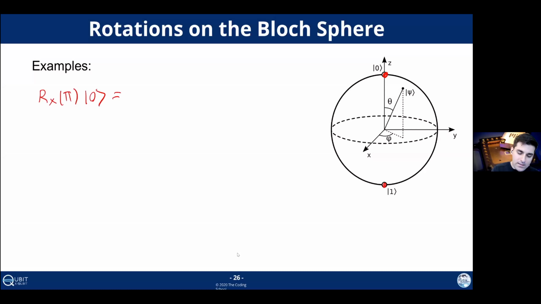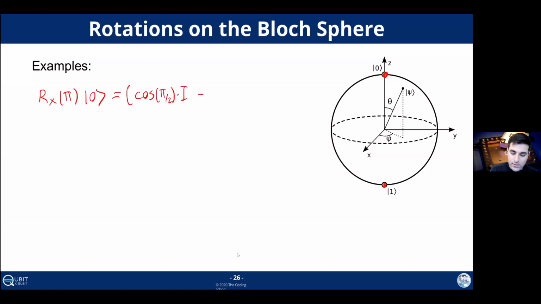So what I said is that I can show Rx of pi as cosine of theta divided by 2 times the identity minus, in this case, i sine of theta divided by 2 times sigma x. And this is applied to the 0 state.